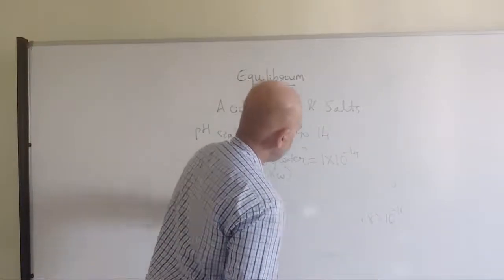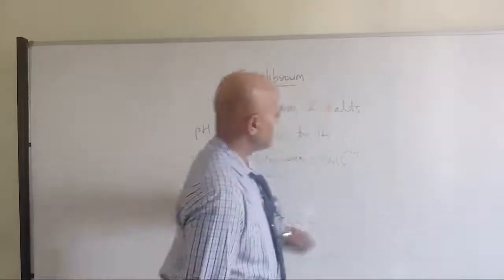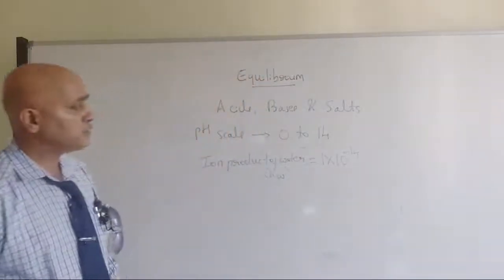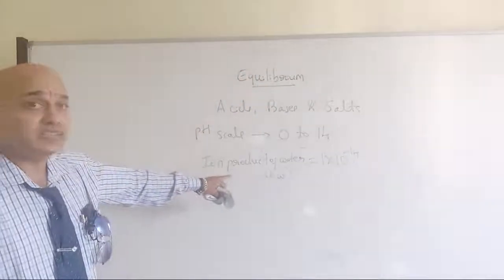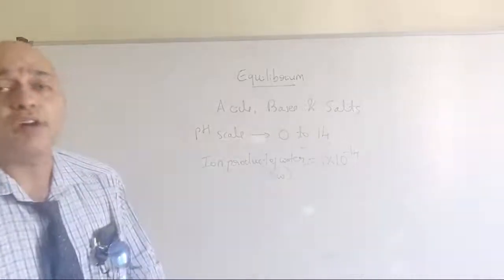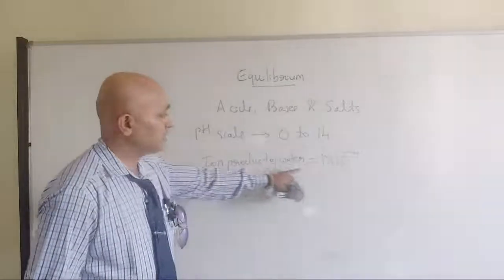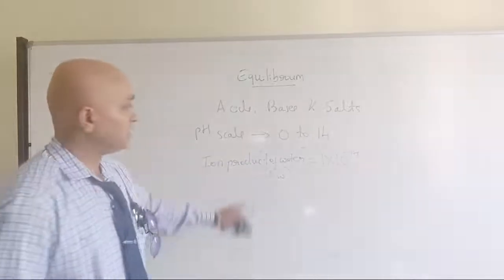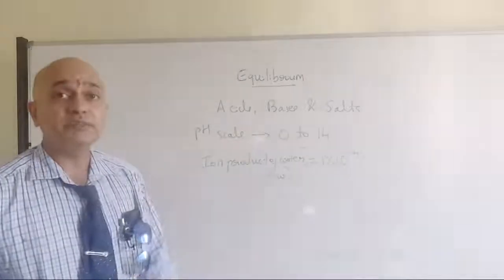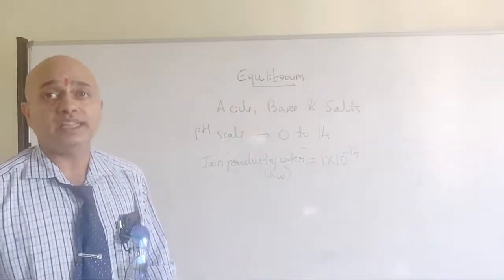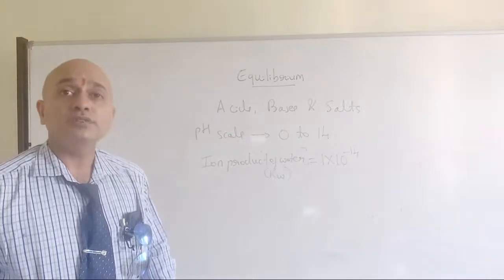Right? So that's why the pH scale ranges from 0 to 14, because it is based on the ion product of water. So the dissociation constant of water, it is based on that, therefore the pH scale will be 0 to 14. Any doubts?